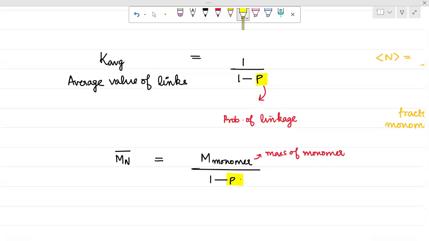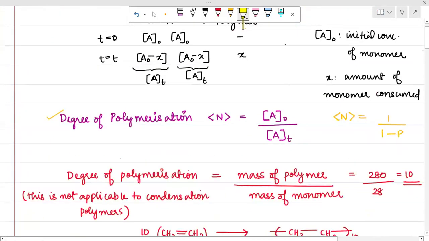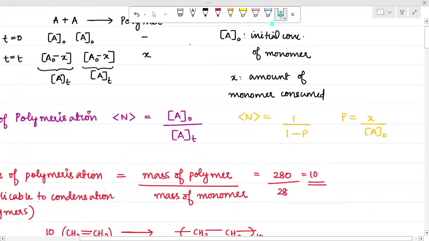Okay? That's it. So we have learned 3 equations from the degree of polymerization. One in terms of just dividing the mass of the polymer by the mass of the monomer. Second one in terms of the initial concentration and final concentration of the monomer. And third one in terms of fraction of monomer consumed. P is the fraction of monomer consumed.